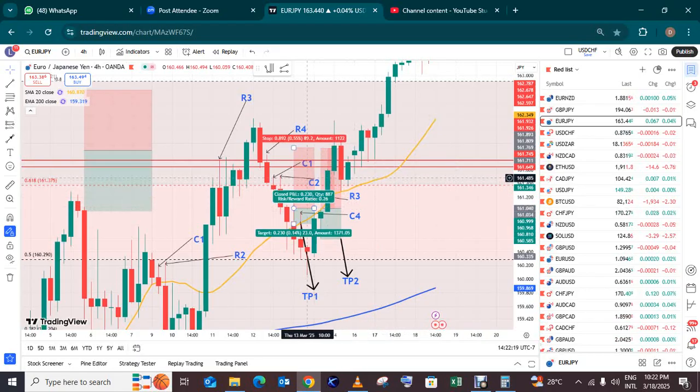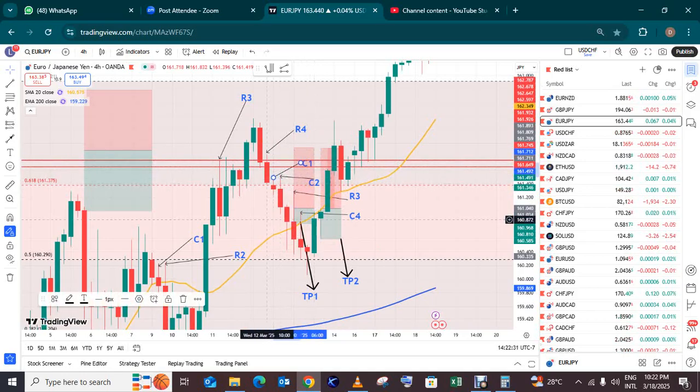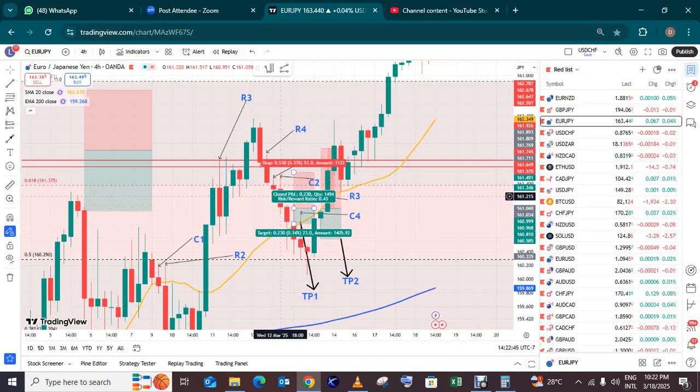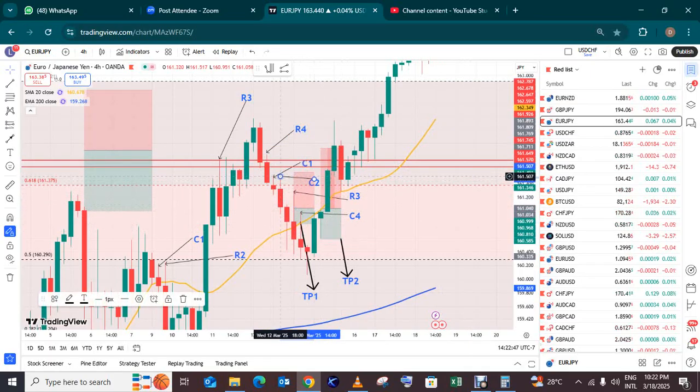So what you do here now, remember, we have C2 and we have C1 here. Those are the two candlestick formations. So our stop losses, you will put it at the wick of C2. You can see this candlestick formation is the C2.